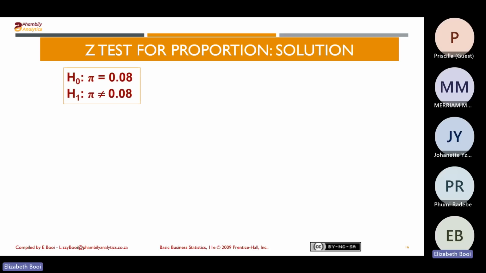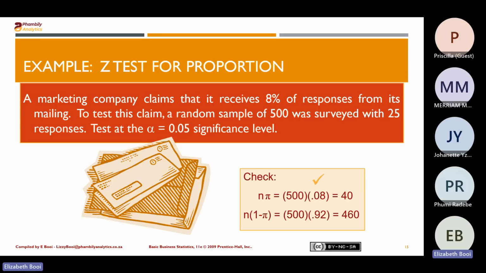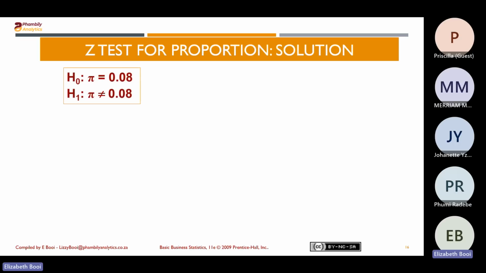Null hypothesis, the proportion is 0.08. Remember, they said it is 8%, so 8% divided by 100. Proportion, always remember, it's either going to be given to you in a percentage or in a decimal format. So the null hypothesis, the proportion equals 0.08.